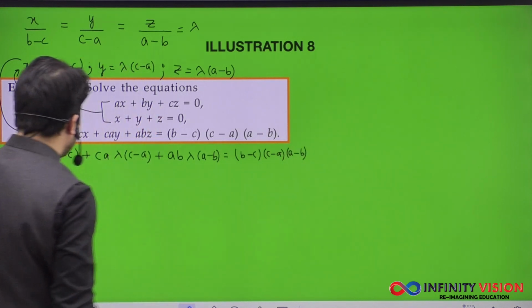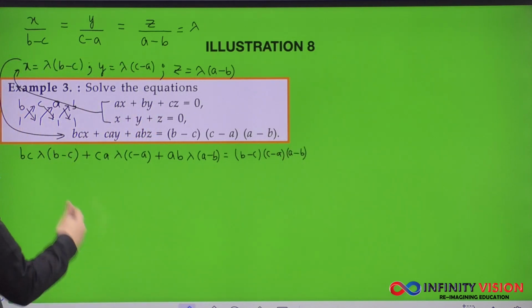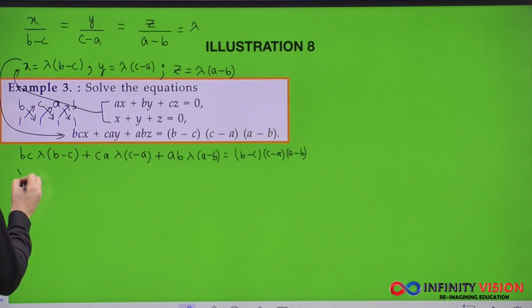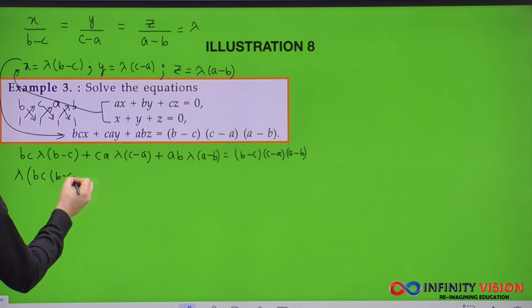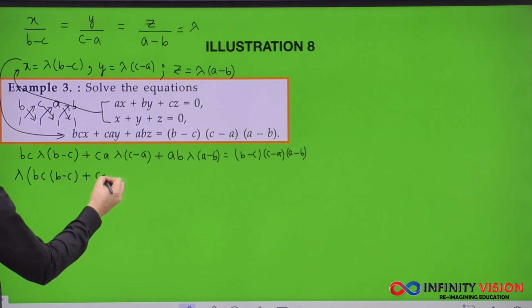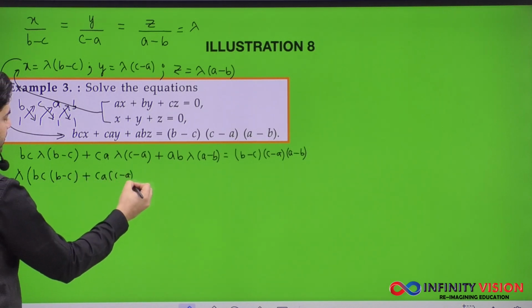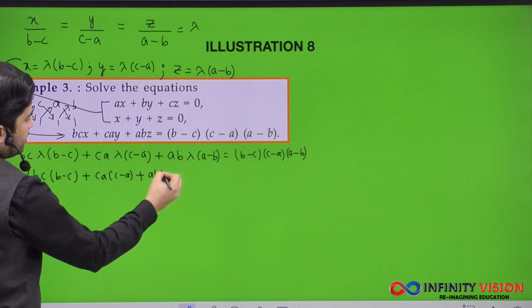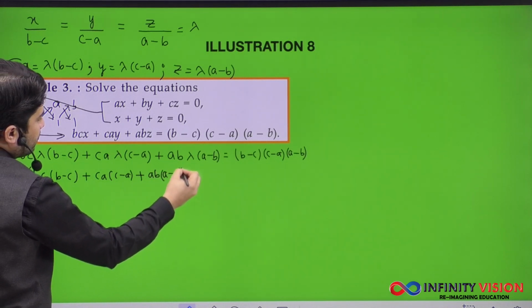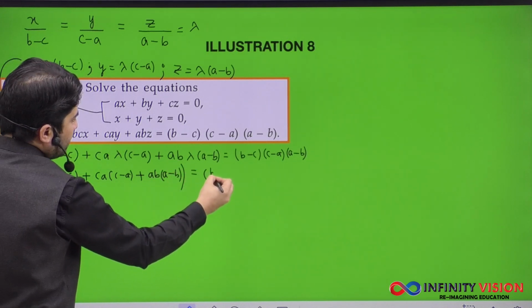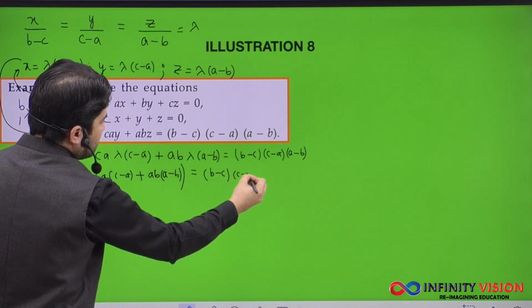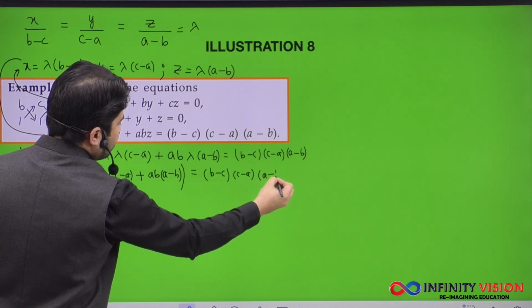I can easily see that lambda is common here. So lambda into bc into b minus c plus ca into c minus a plus ab into a minus b, equals b minus c, c minus a, a minus b.